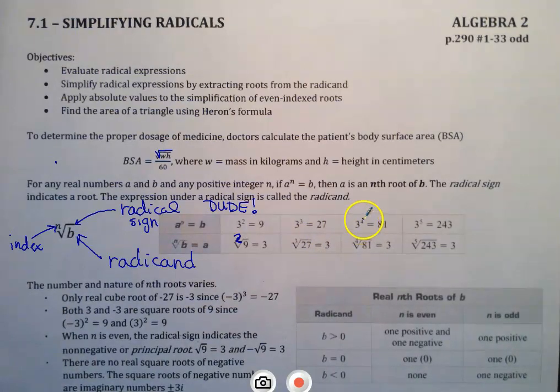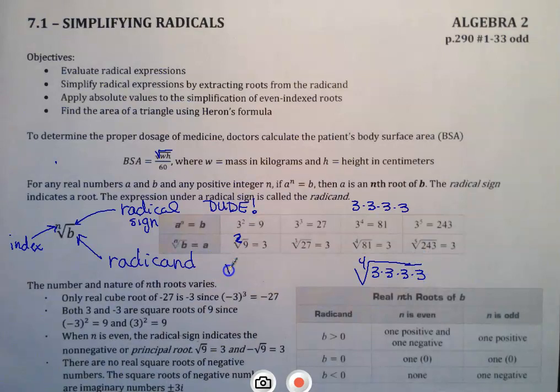So we have 3 to the power of 4 is 81. Well, then we're going to take the 4th root of 81, and it's going to take us back to 3. You're taking what you already knew. Yep. Because this was 3 times 3 times 3 times 3. So when we want the 4th root, it's the 4th root of 3 times 3 times 3 times 3.